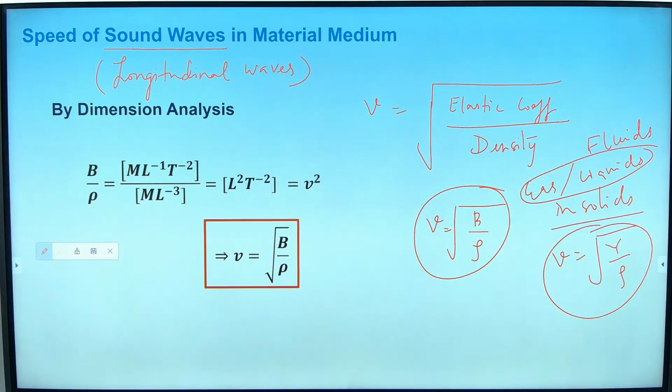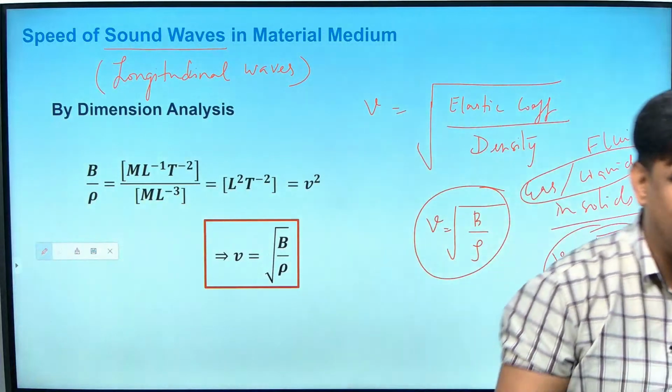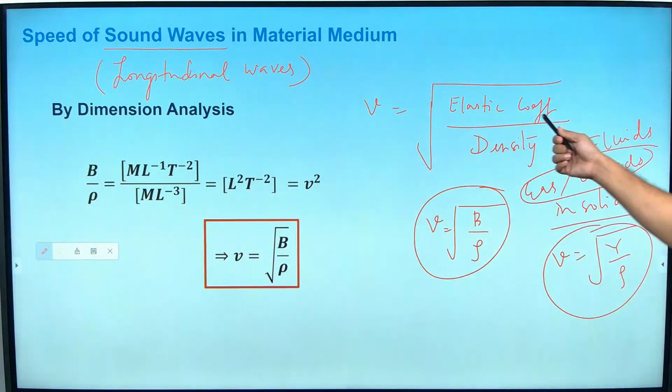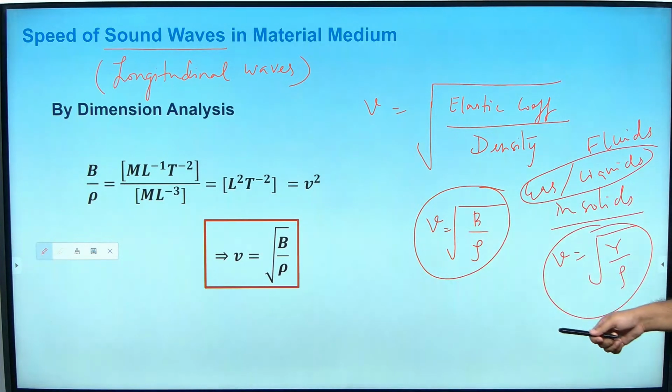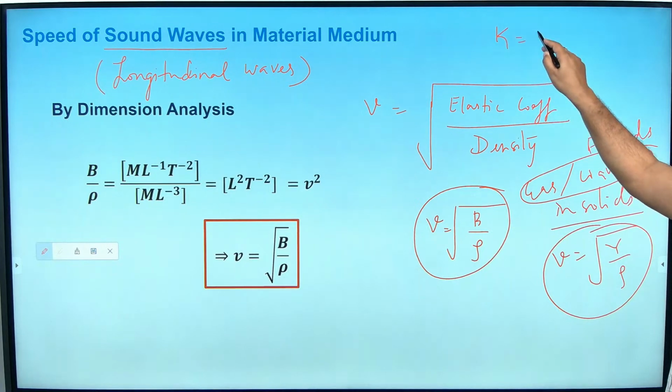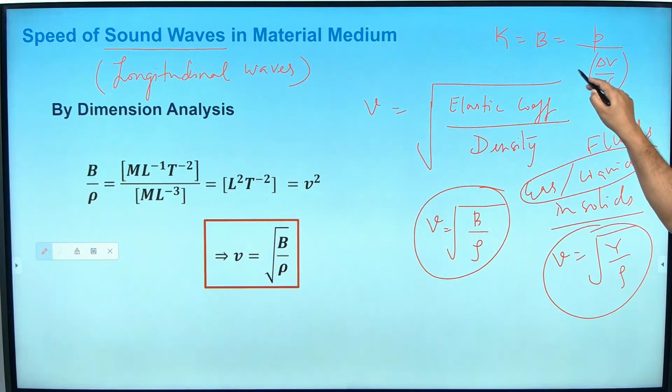Yes, sir. So velocity of longitudinal wave is given by root over elastic coefficient, because in the fluids case it is root of bulk modulus by density. I hope you remember what bulk modulus is, by the way. Bulk modulus K or B is equal to pressure divided by delta V by V, the volumetric strain. You remember this? Sometimes they will use a negative sign also.